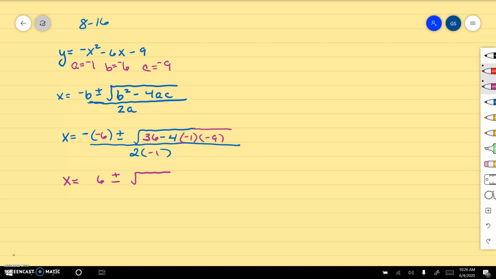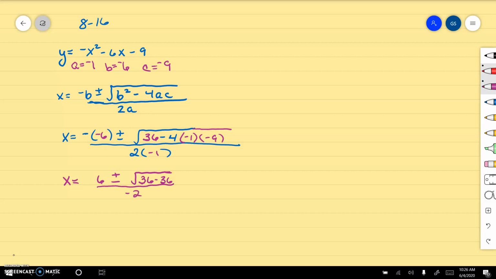So it's negative 4 times negative 1 is positive 4 times negative 9 is negative 36. So you have a 36 minus 36 here. Interesting. All over 2 times negative 1, which is negative 2.